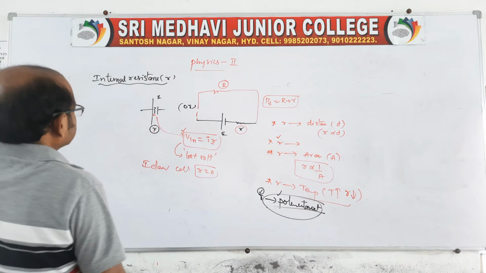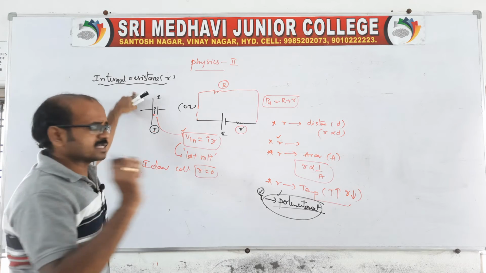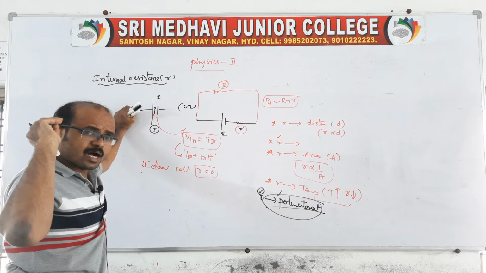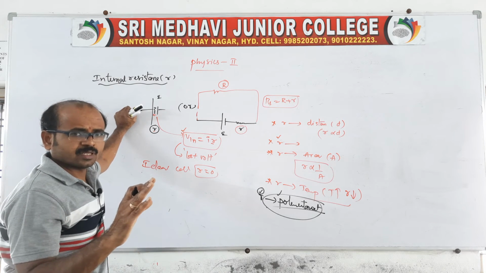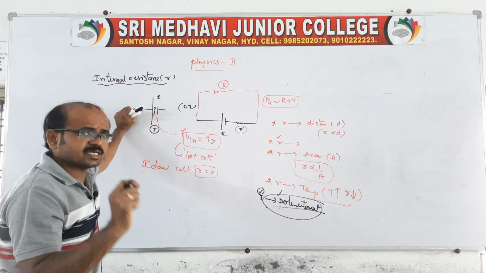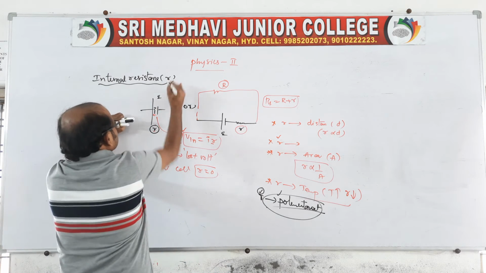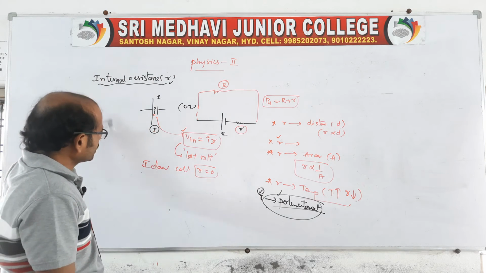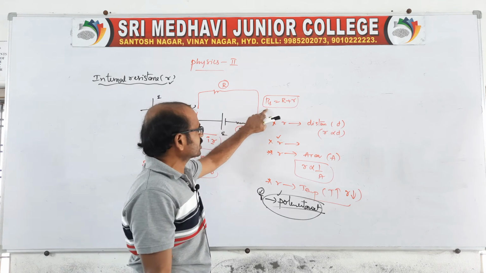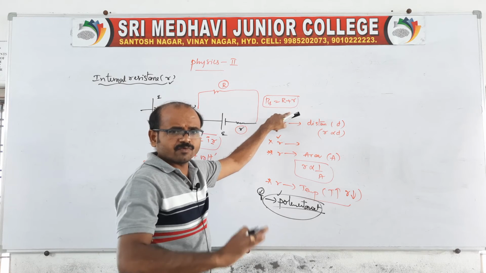So this is about internal resistance. Internal resistance is the opposition offered by the electrolyte inside the cell to the flow of current. That opposition offered by the electrolyte is what we call internal resistance. So this is the information related to internal resistance. And remember, external resistance and internal resistance are always in series.